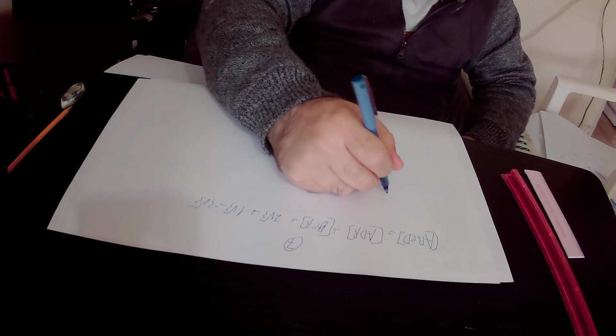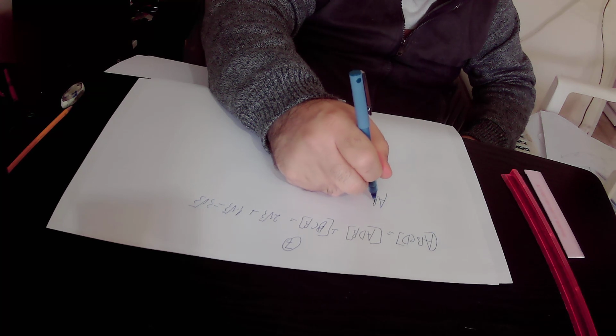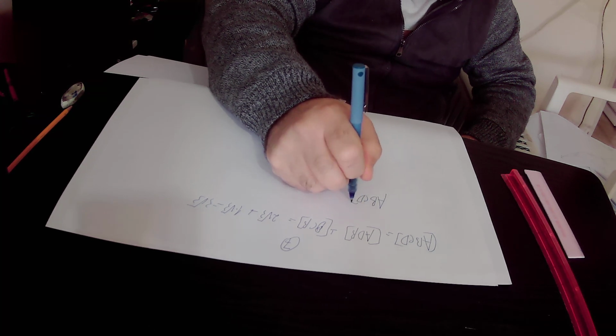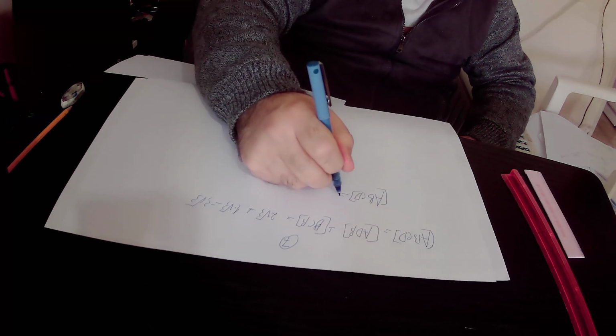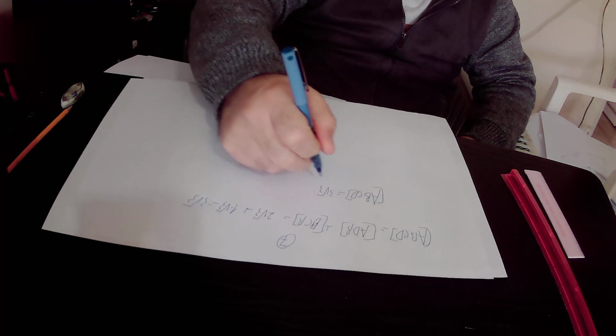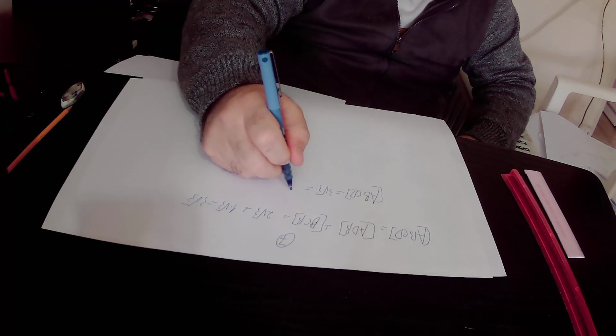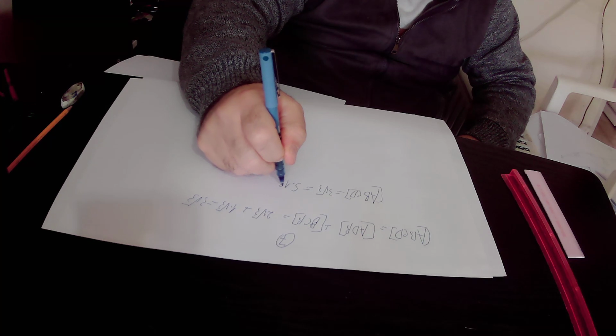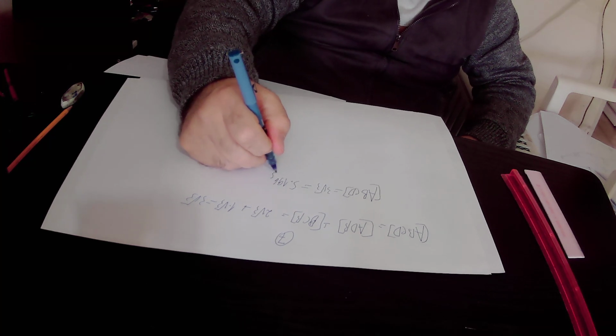So we found out that the area of quadrilateral ABCD equals either 3 times square root of 3 square units, or in terms of numbers, it equals 5.196 square units.